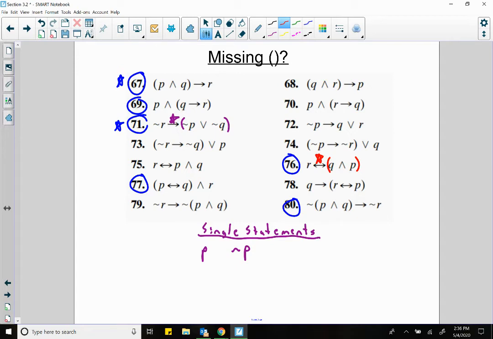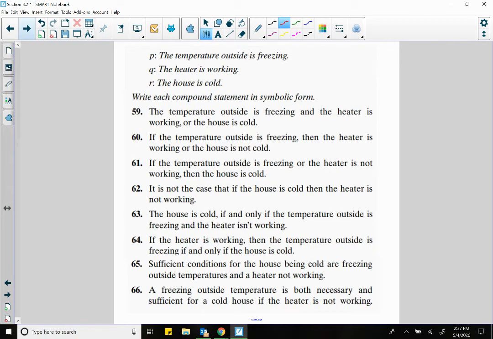Okay? So let's get to where we are writing symbolic notation. Oh, I was wrong. I actually have two more pages after this. So right here, they're telling us P, Q, and R. And I want you to write these in symbolic notation. So let me give you some to work on. Go ahead and try 59. Try 61.